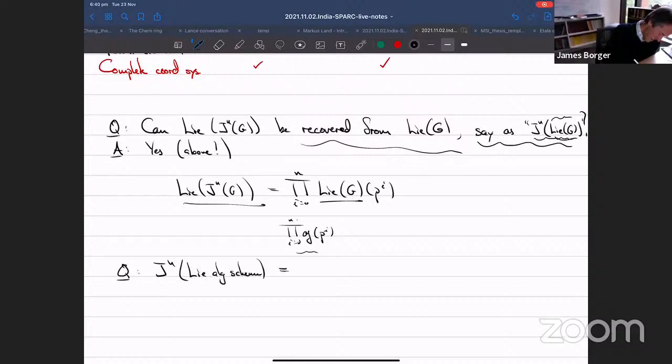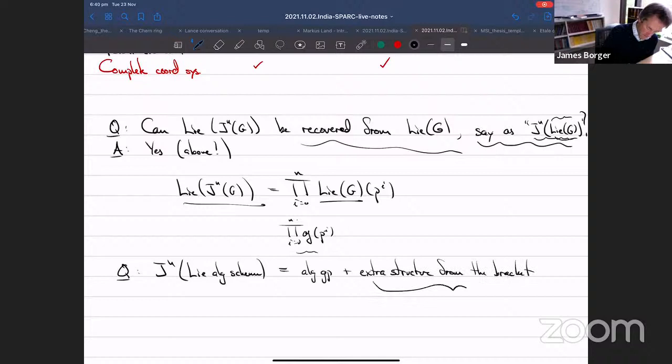In particular it's a group scheme, so it'll be some algebraic group plus extra structure from the bracket. I've never thought about this. What is this? I have no idea. I agree, it's a natural question.